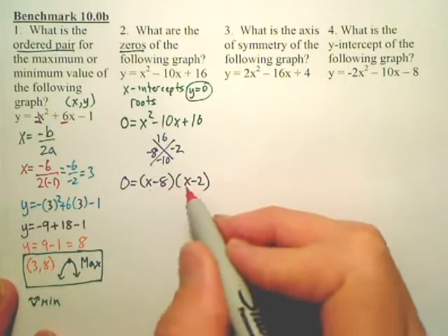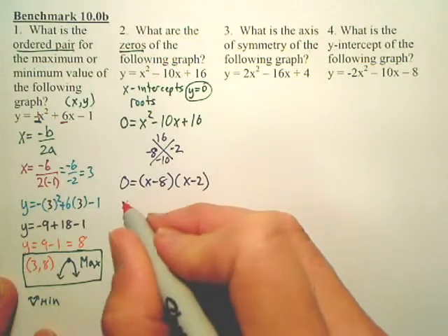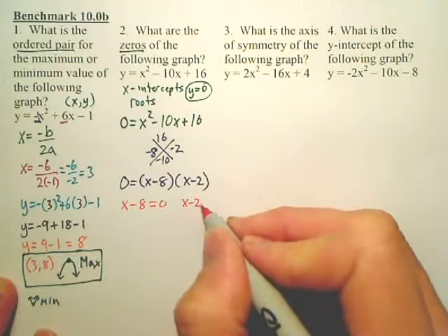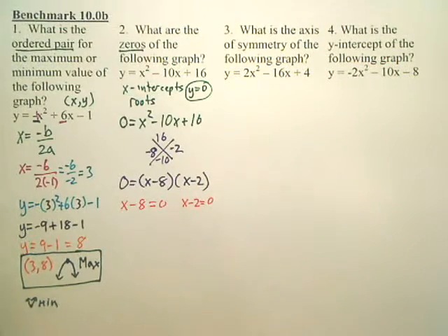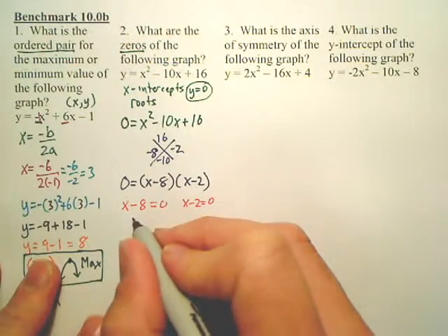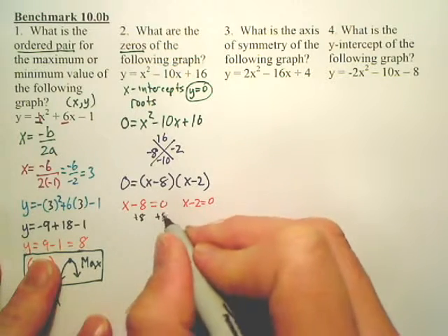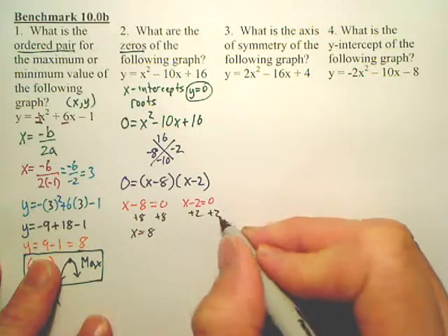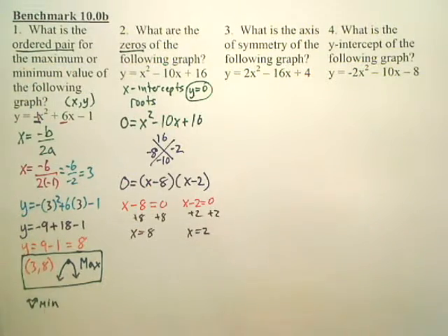Don't we set each piece equal to 0? x minus 8 equal to 0 and x minus 2 equal to 0. So what is my answer? If you add 8 over, you get x equals 8, and if you add 2 over, you get x equals 2.